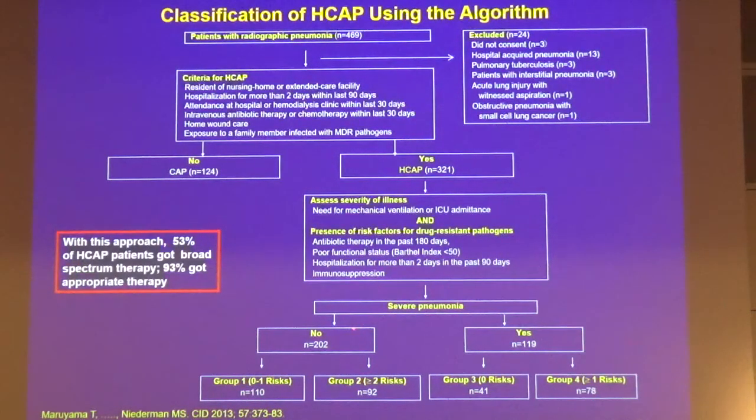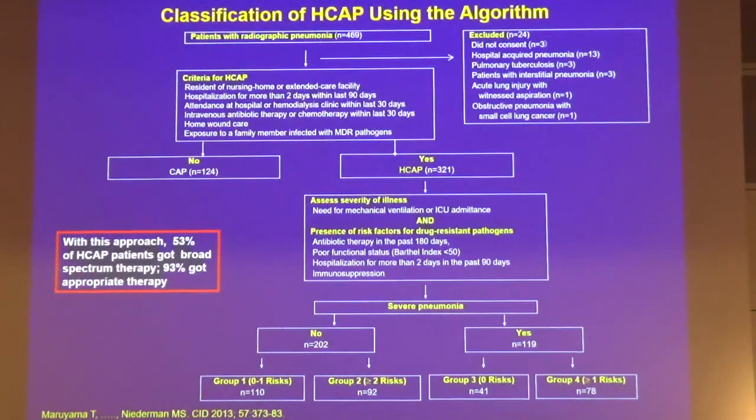If they had non-severe pneumonia and at most one of those MDR risk factors, they were defined as low risk. Similarly, if they had severe pneumonia and none of those MDR risk factors, they were also defined as low risk. About half the population were low risk, and these individuals received CAP therapy.